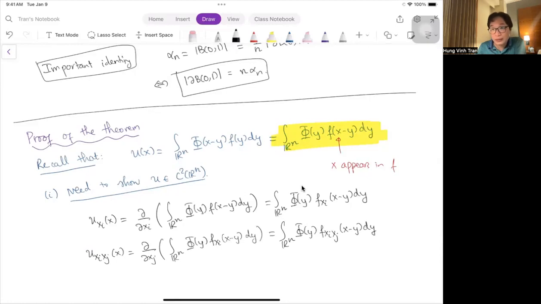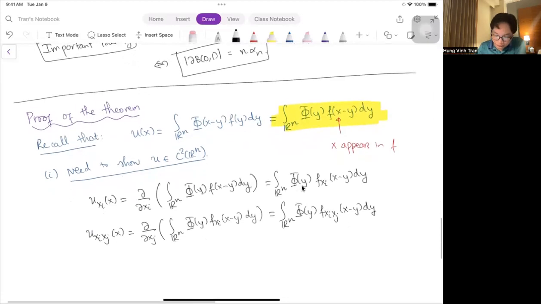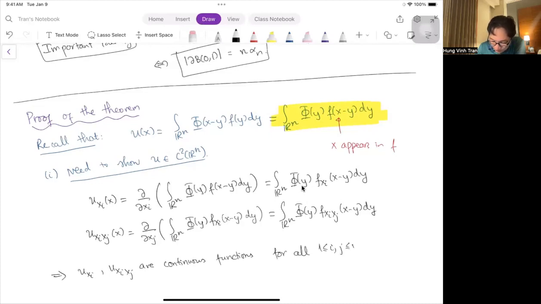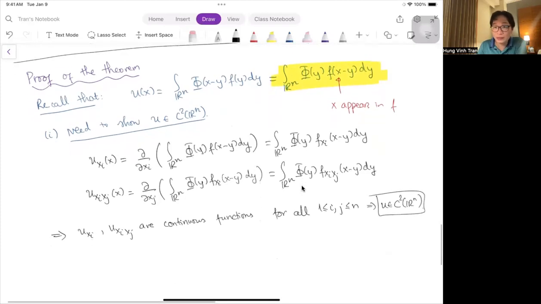Both of these are nice and well defined. Remember that f is a given C2 function. So this allows us to see that u_xi xj is a continuous function for all indices i and j between 1 and n. This gives us that u is a C2 function, because the definition of a C2 function is that the first and second order derivatives are continuous. Again, we only actually need to check that the second order derivatives are continuous.